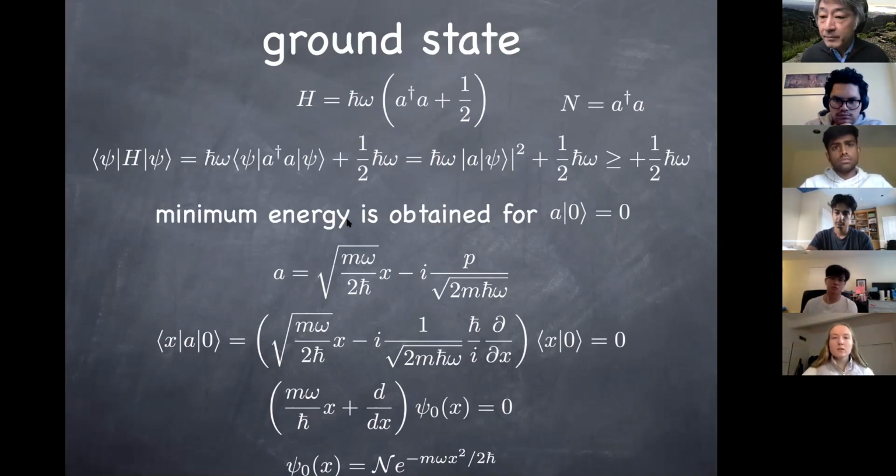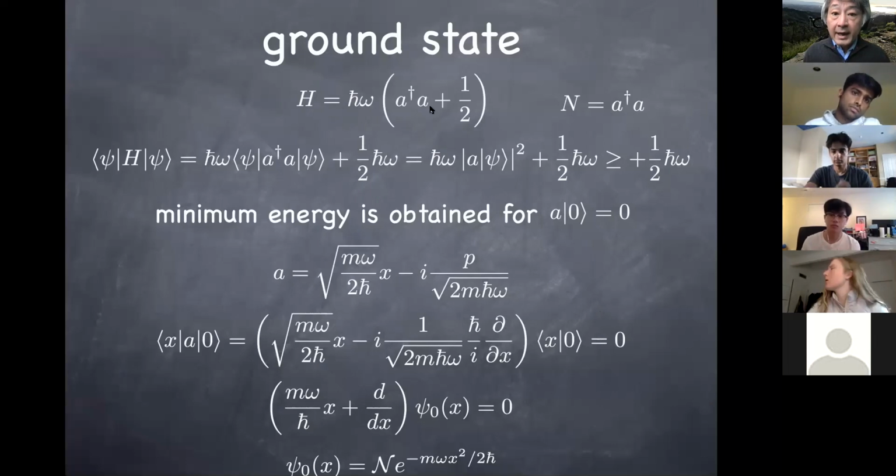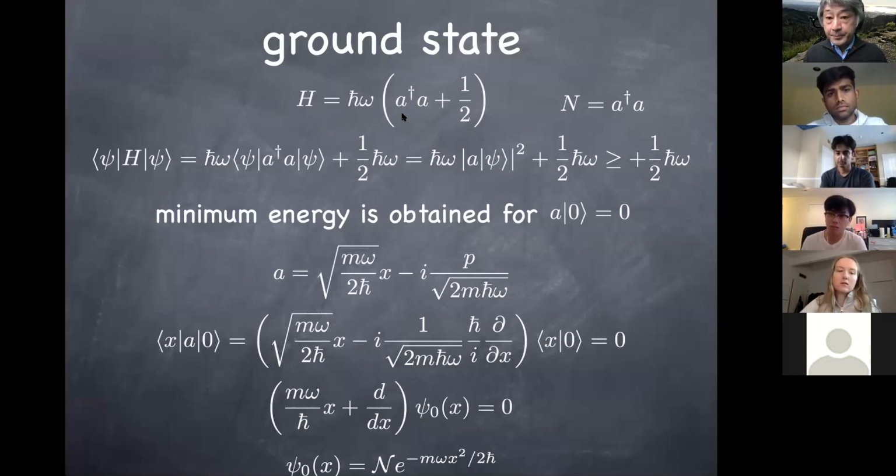Can you hear me? I can hear you. So all that we've calculated here is just specific to the harmonic oscillator Hamiltonian? So the way the Hamiltonian can be written as annihilation operator times creation operator is specific to the harmonic oscillator.